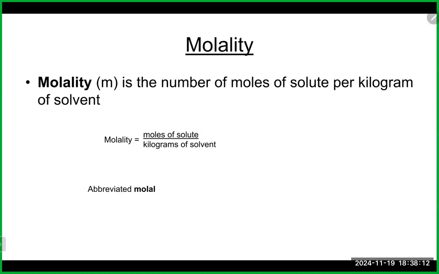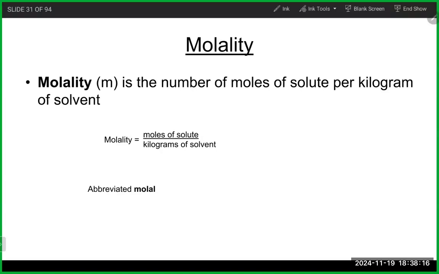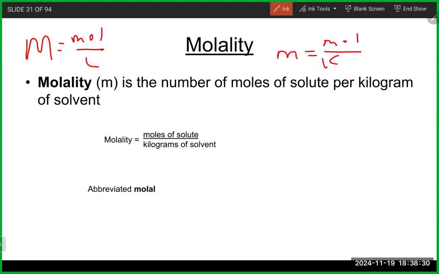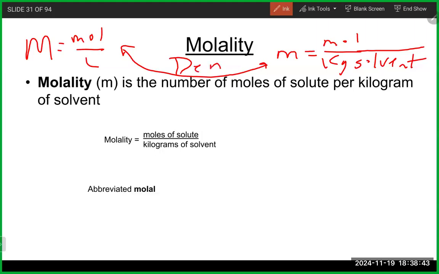Molality, remember, is different than molarity. Molarity, which is our big M, is our moles per liter. Molality, which is our little m, is moles per kilogram of solvent. Remember that if you do need to go between these two units, density is the thing that ties those two together.